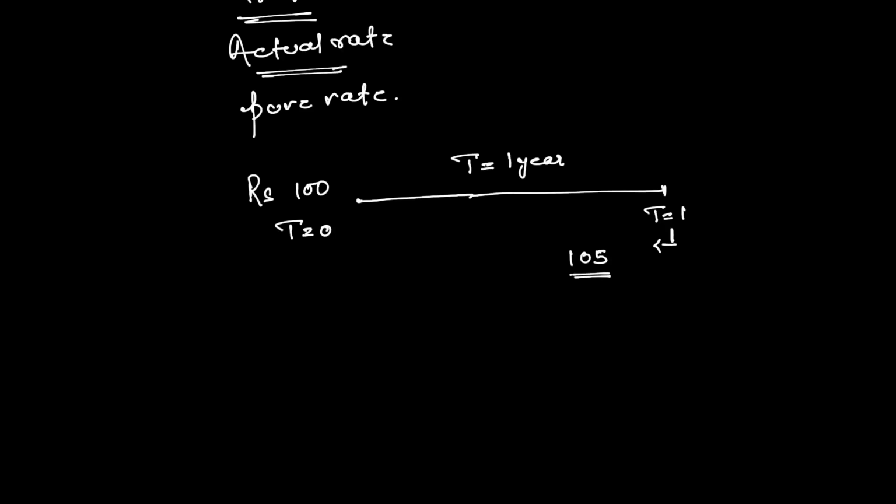Then 5% is the actual interest rate that you earned in 1 year, because it is (105 minus 100) upon 100, into 100, that is your earned return. So 5% is your actual interest rate.